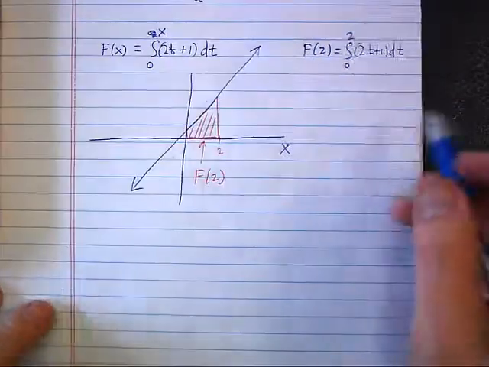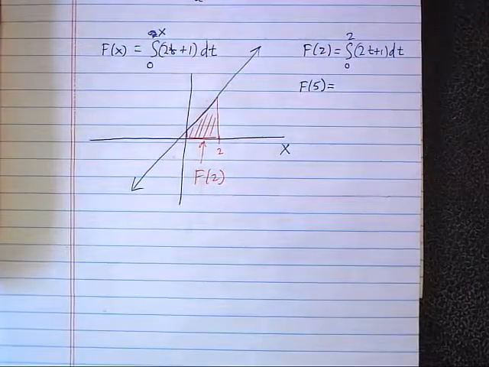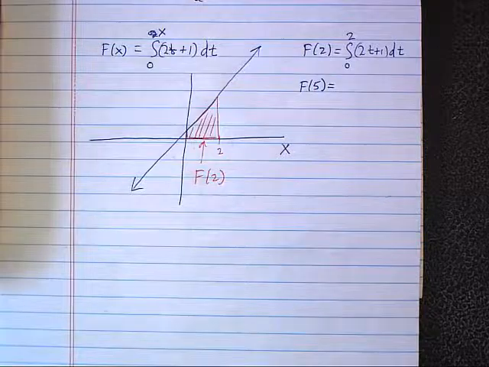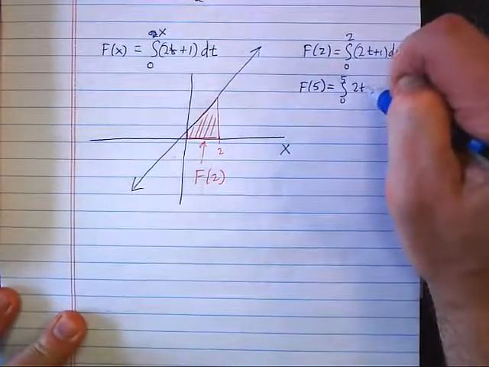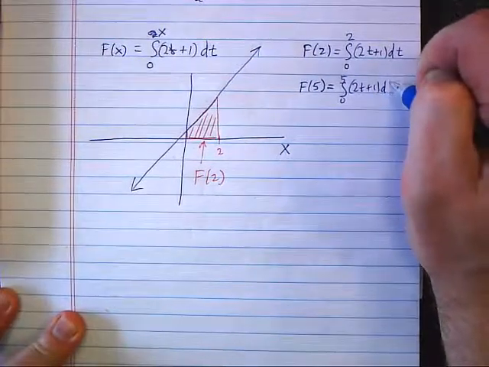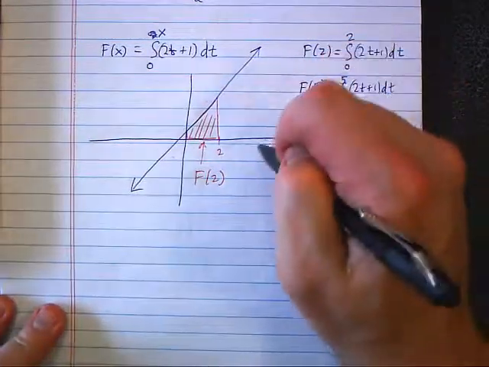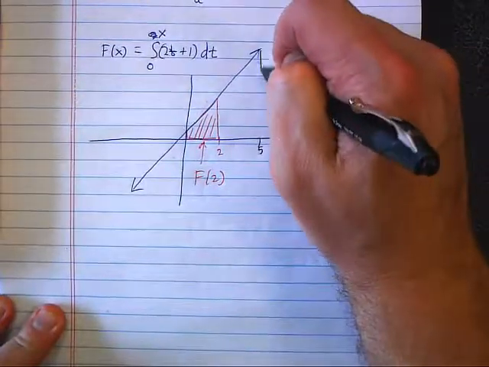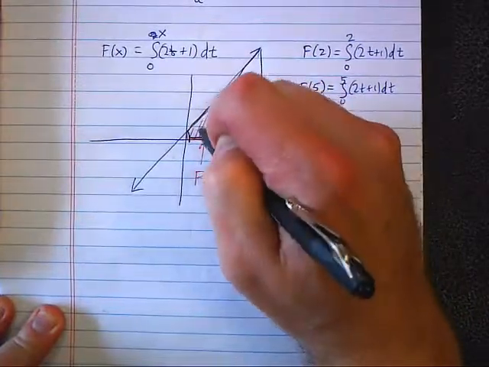What would F at 5 mean to do? It would mean find the area from 0 to 5. So 5 would be over here somewhere. So F of 5 would be that area.